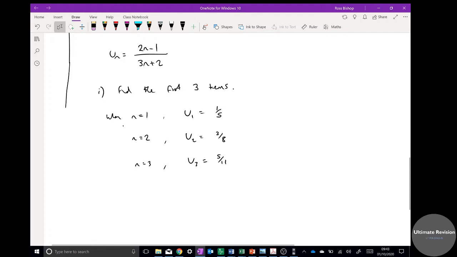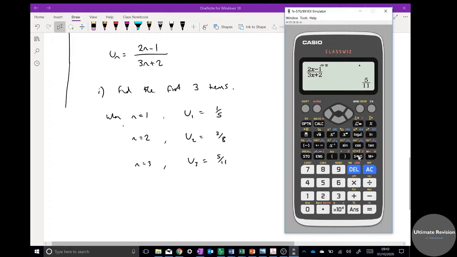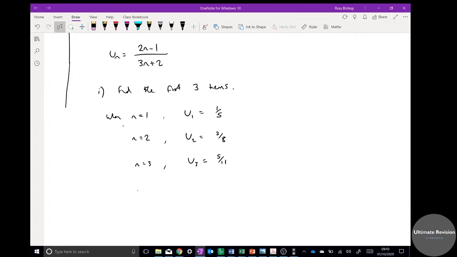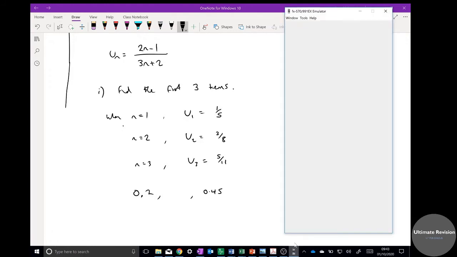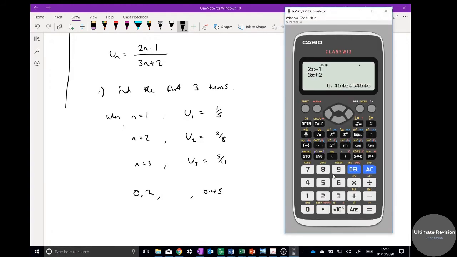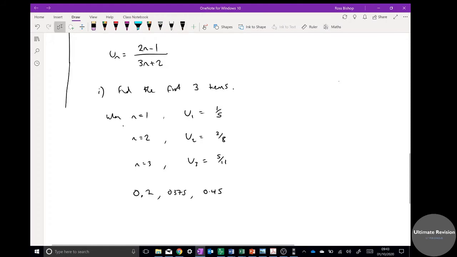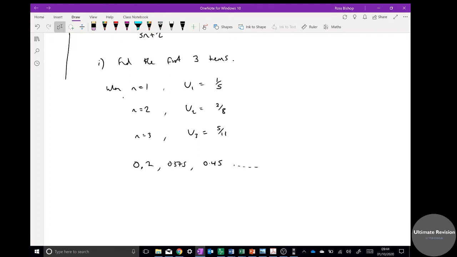So if I go back to the decimal maybe, the first one's 0.2, the next 0.375, and the last one was 0.45. What's going to happen is this is going to get closer and closer to a value. If I did even more, you'll see that it gets closer and closer to a value.